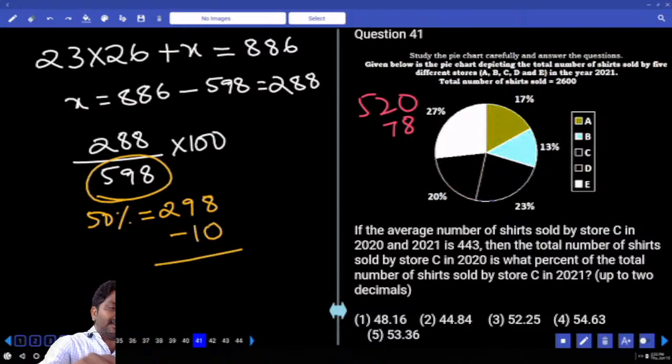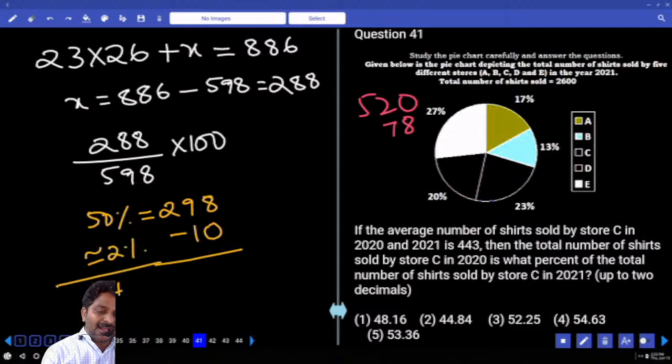What is 1% of the denominator? 5.98, approximately 6, but you need to subtract 10. That is more than 1% but less than 2%. Approximately if you subtract 2%, the answer becomes 48%, very close to 48 and a little bit more than 48. Right, first option.